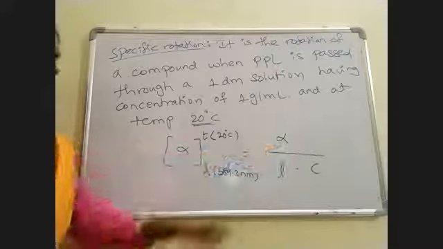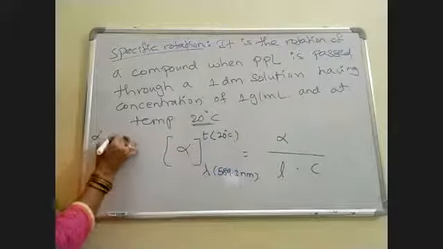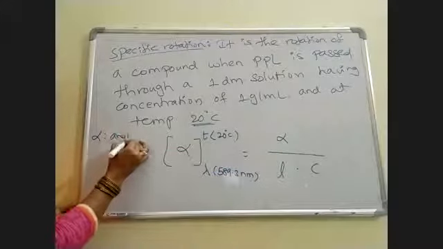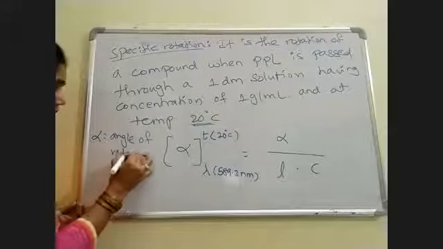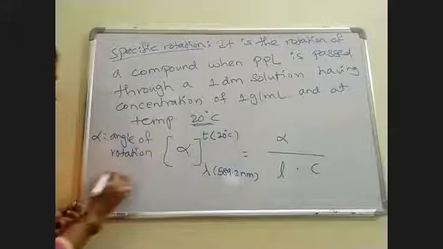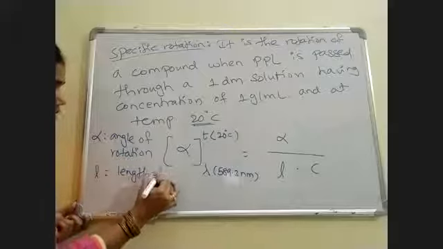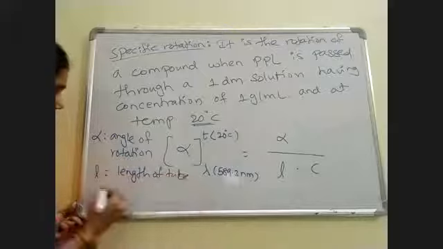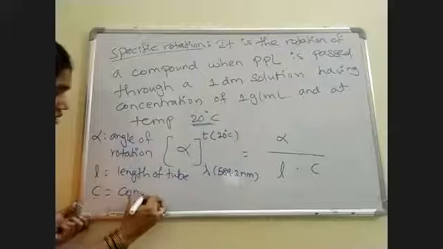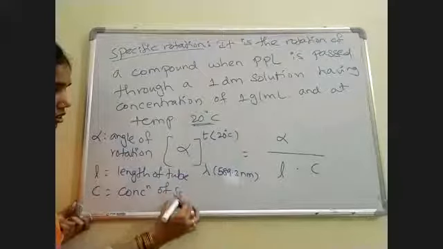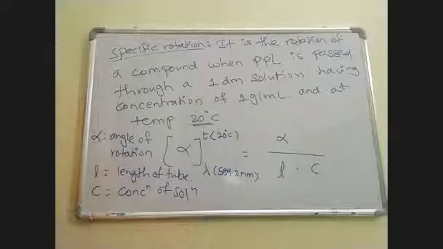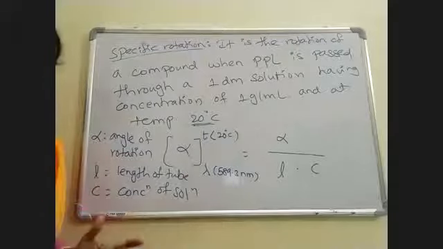Alpha is called the angle of rotation, L is the length of the tube, and C is the concentration of the solution. So this is specific rotation.